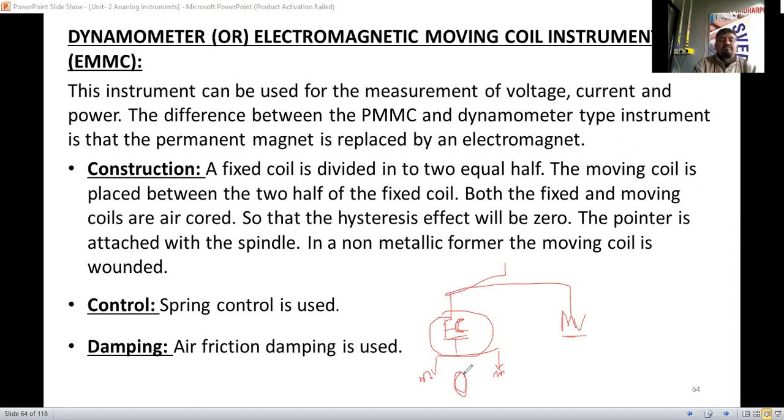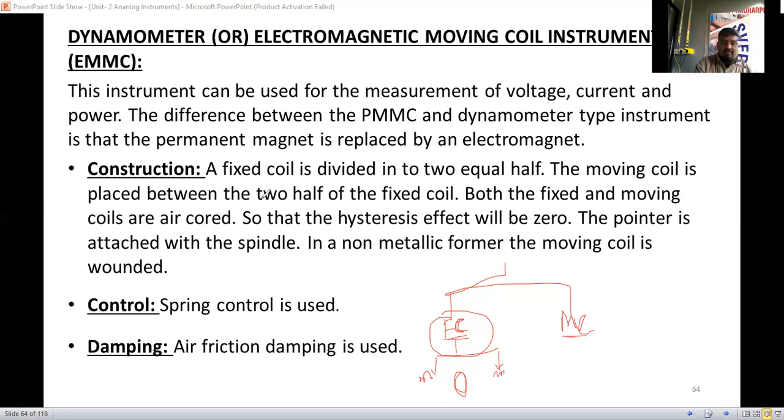Mainly the EMMC instrument has two coils only, fixed coil and moving coil, but while doing the alignment, the fixed coil is equally separated into two parts, and between them we place the moving coil.